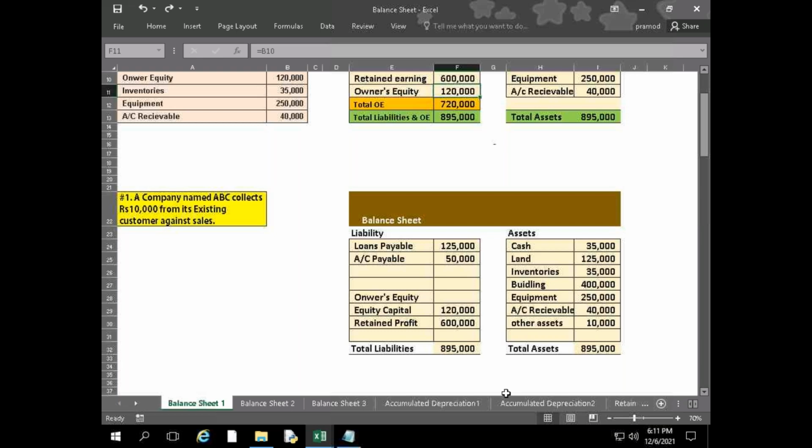We had the account receivable of 40,000. They are paying 10,000 to you, so the receivable will be 30,000. Here I should do minus 10,000, which means my account receivable will be 30,000.